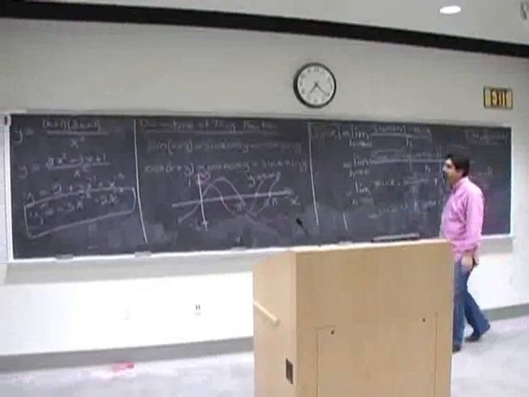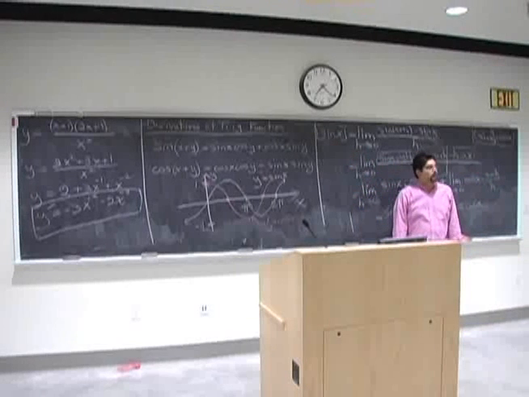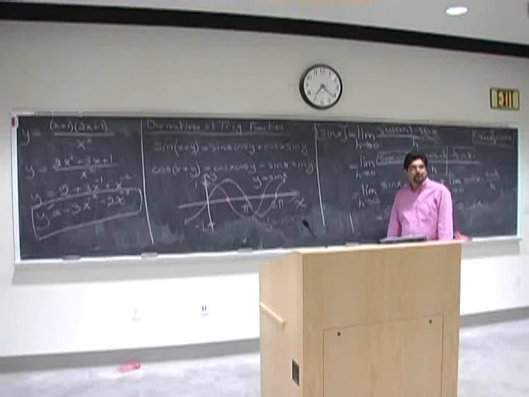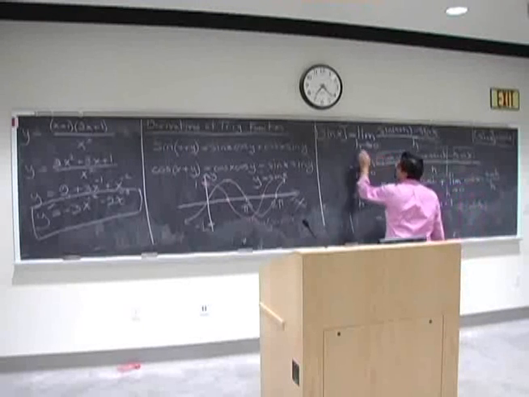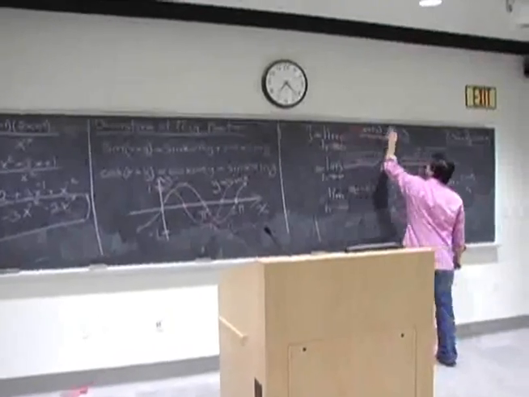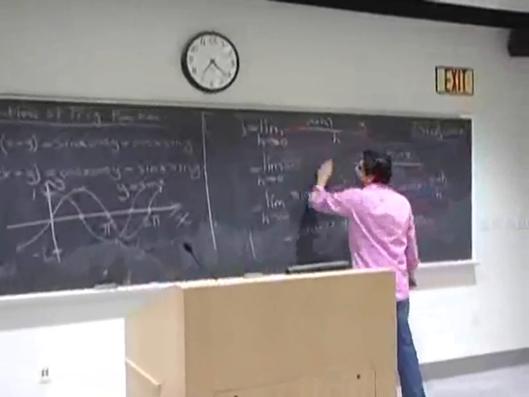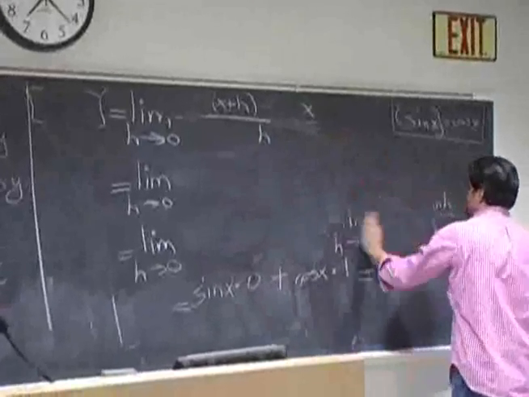Okay. So you think you'll be able to do the derivative of cosine x? No, it's not a hint. Let's do it. Let's look at the derivative of cosine x.